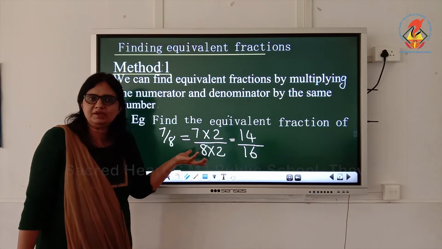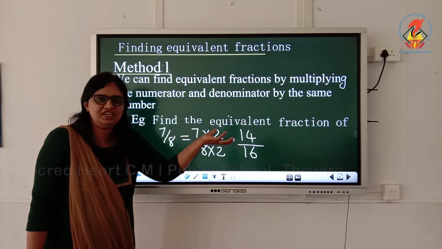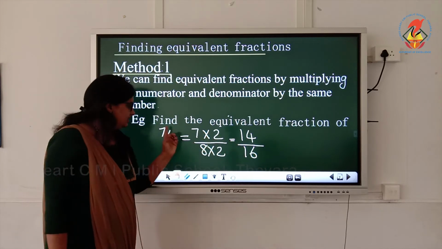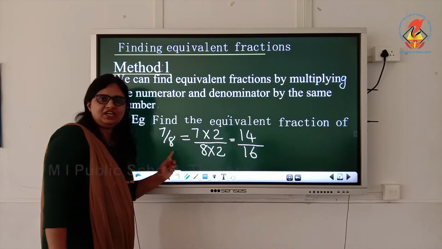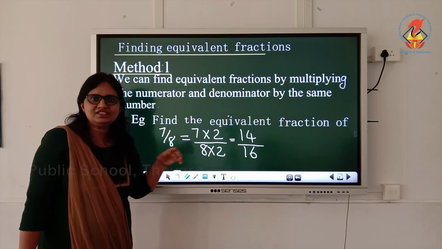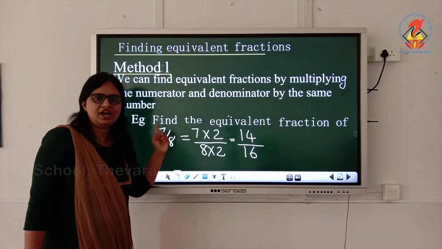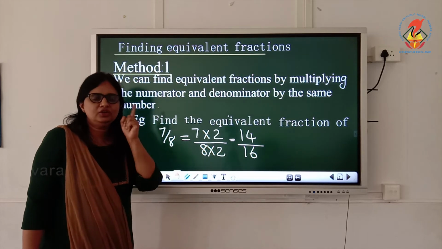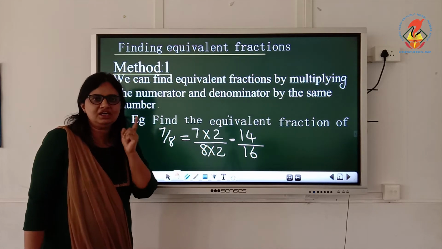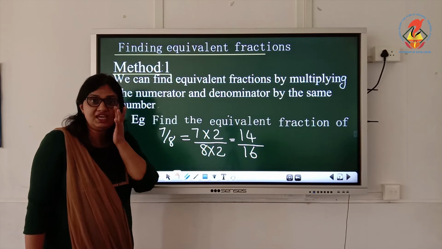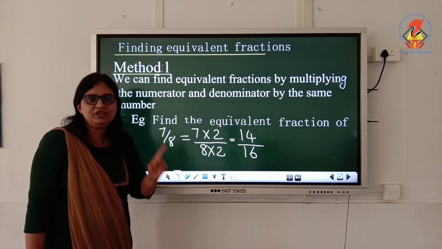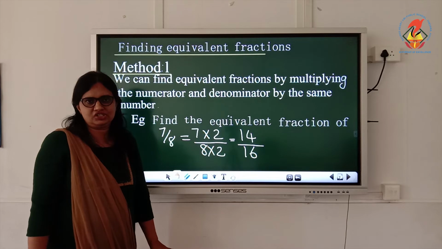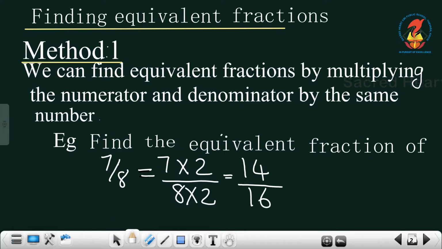Next you can multiply by 3. You will get the next equivalent fraction: 7 into 3 and 8 into 3. Next is 7 into 4 and 8 into 4. Only one condition: you need to multiply the numerator and denominator by the same number. After that only you will get an equivalent fraction. Is it clear?